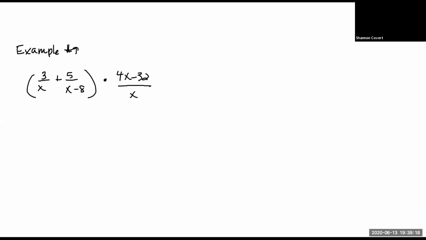Here's example number 9. This is another one where we have addition and multiplication, so we have more than one operation. Now, what's different about this one is I actually have a grouping symbol here because I have parentheses around the first two pieces. So let me read the problem. Parentheses, 3 over x plus 5 over x minus 8, close your parentheses off, times 4x minus 32 over x.